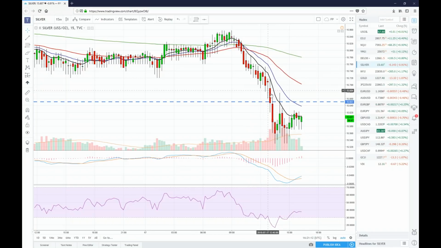Price was going lower on this 15-minute chart, and price broke below this level. And the fun thing about those levels is usually, not always, there is never a guarantee when it comes to trading, but usually if price breaks through a level, this level has been acting as support, and you can see it has been acting as support here a little bit. But once support is broken, it turns into resistance.